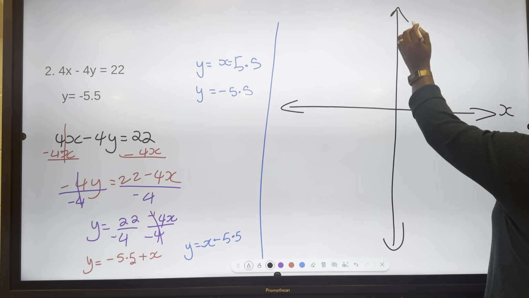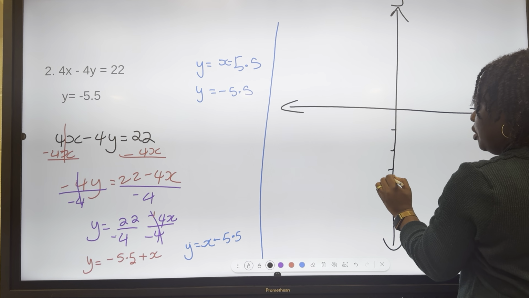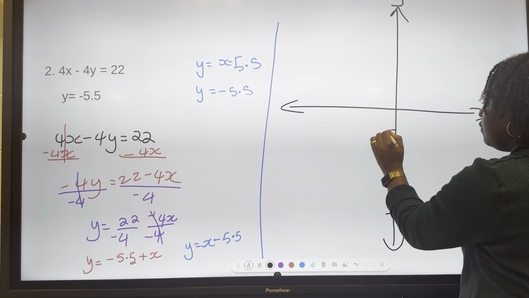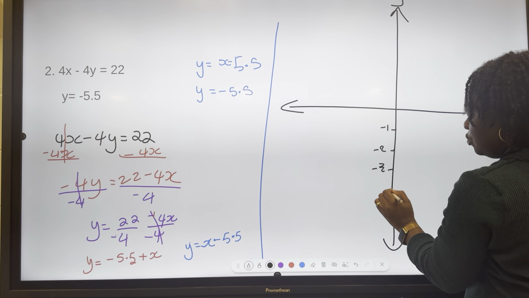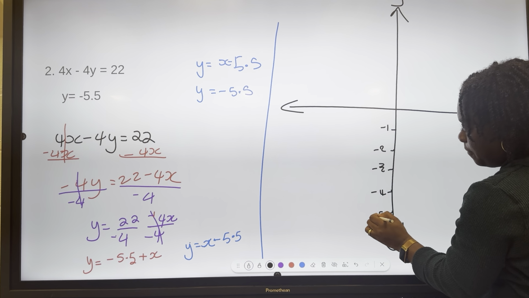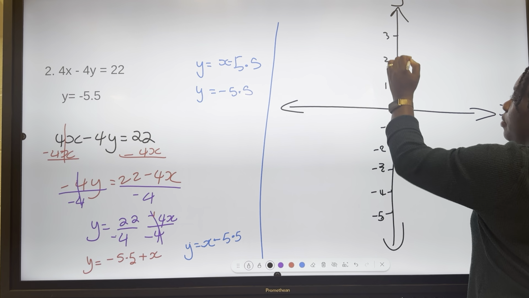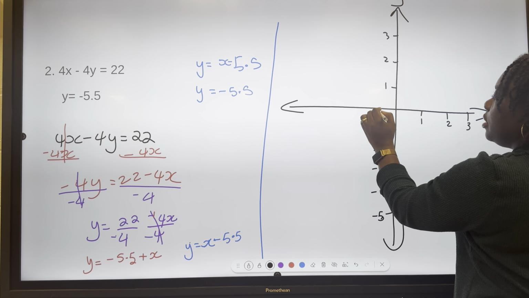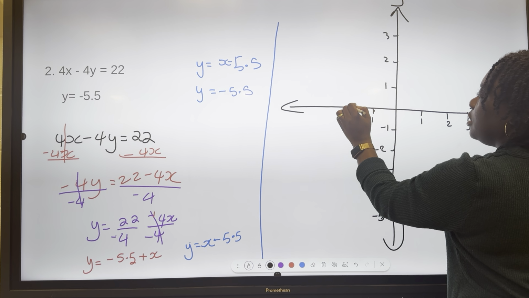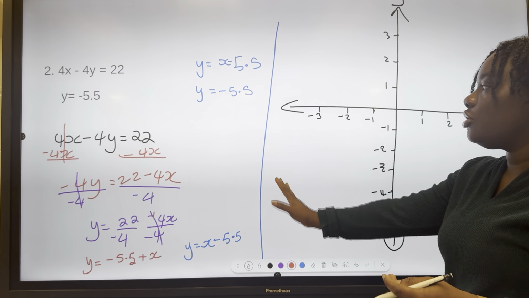So that's my x and that's my y. 1, 2, 3, 4, 5. So that's negative 1, 2. Alright, let's quickly go ahead and sketch it.